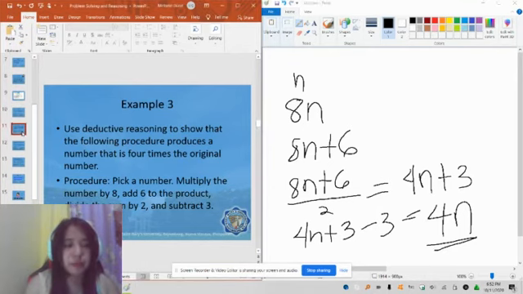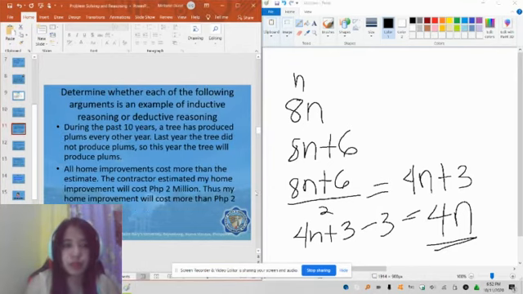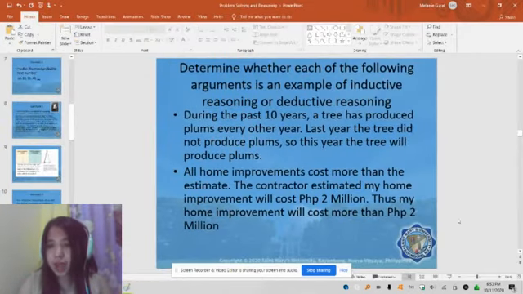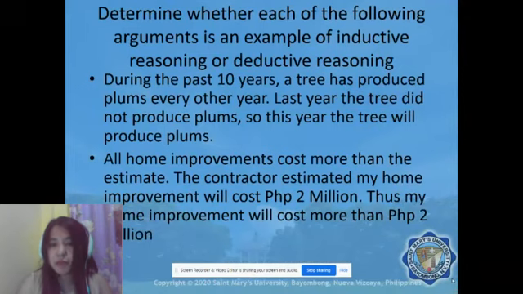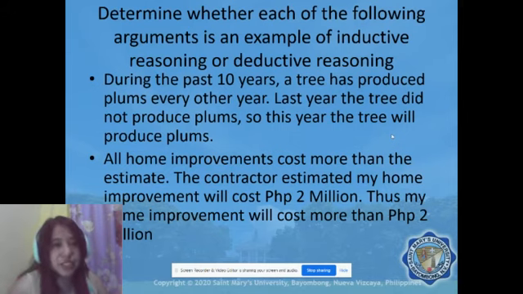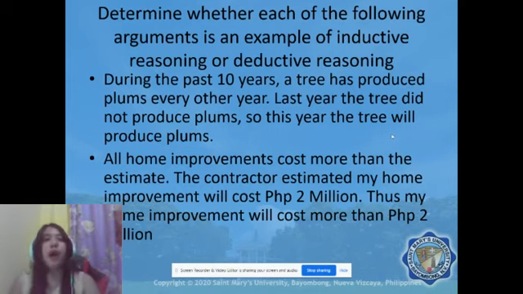Okay, next. For this exercise, our task is to determine whether each of the following arguments is an example of inductive reasoning or deductive reasoning. So number 1, or the first argument: during the past 10 years, a tree has produced plums every other year.